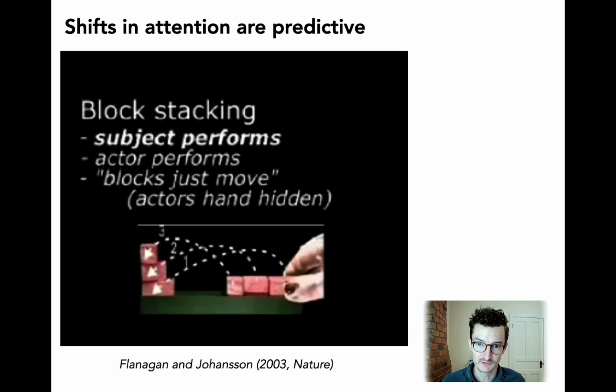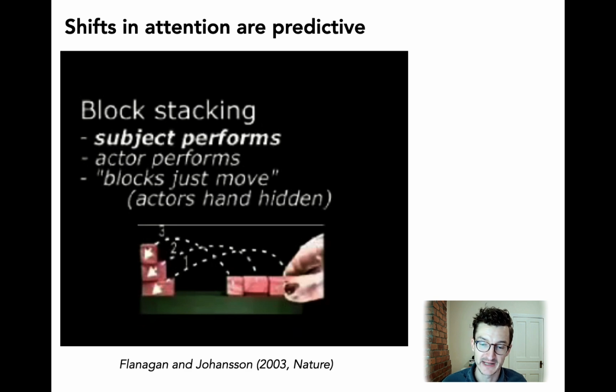So there's some really cool video that Flanagan and Johansson have of participants performing this task. And where the eye is fixating, where attention is focused in the video, is represented by a little white cross on the screen. And again, the takeaway message here is that eye movements are actually predicting the task at hand.